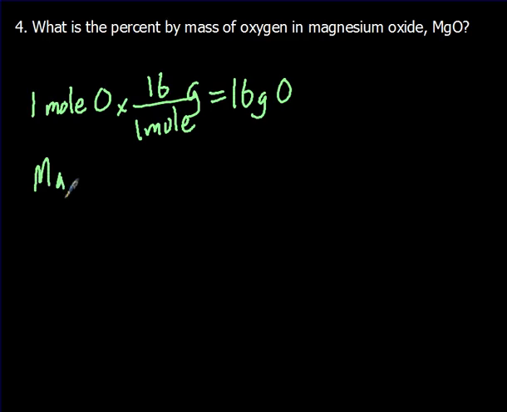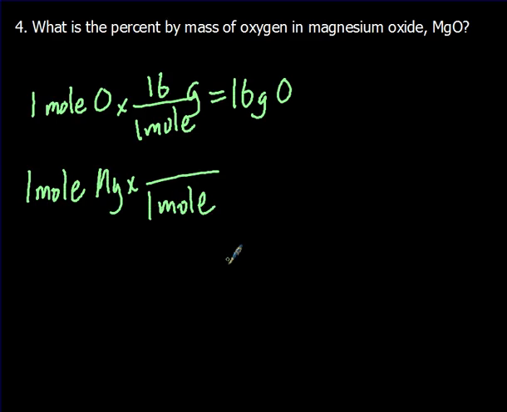Magnesium, or let me write this properly here. One mole of magnesium. So again, you check the periodic table, the mass of magnesium is 24.3. That's grams.